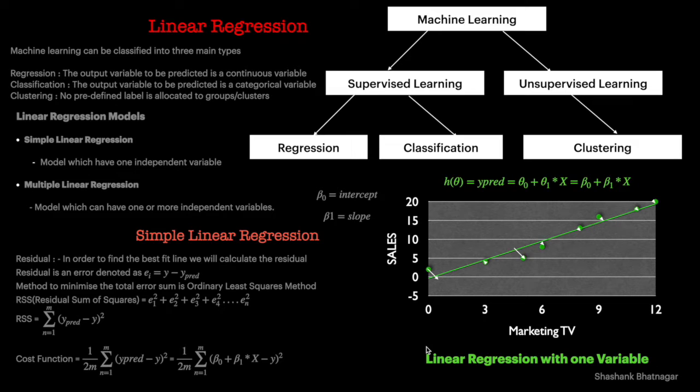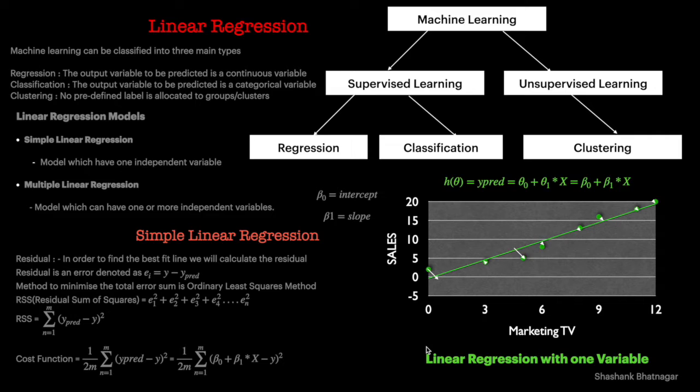Whereas classification is a kind of problem where the output variable to be predicted is categorical in nature. For example, we want to understand the sentiment of a paragraph, whether it is going to be positive or negative. So we have two classes, positive or negative, which are categorical in nature.